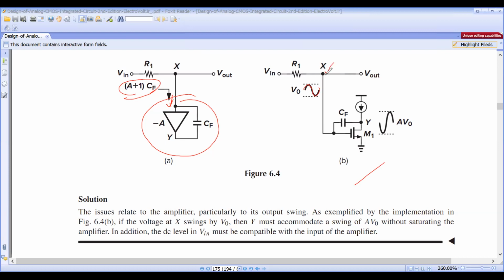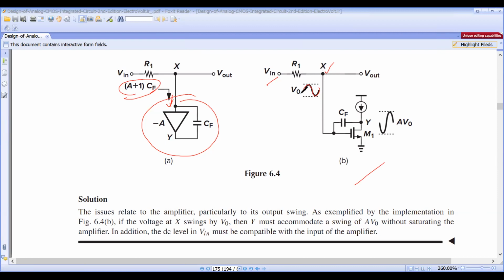Your input is Vin, so this Vin will swing at the X node by V0.